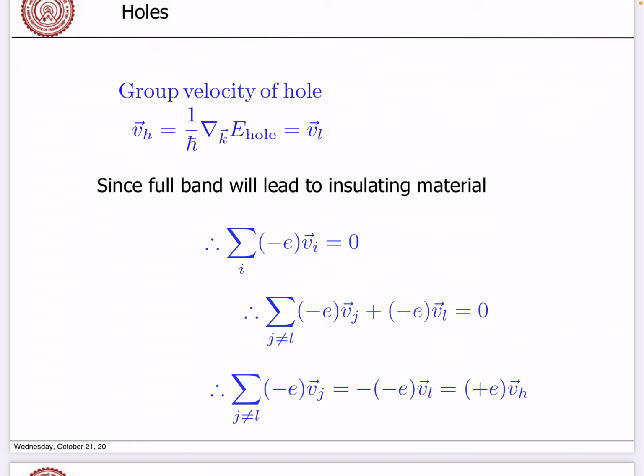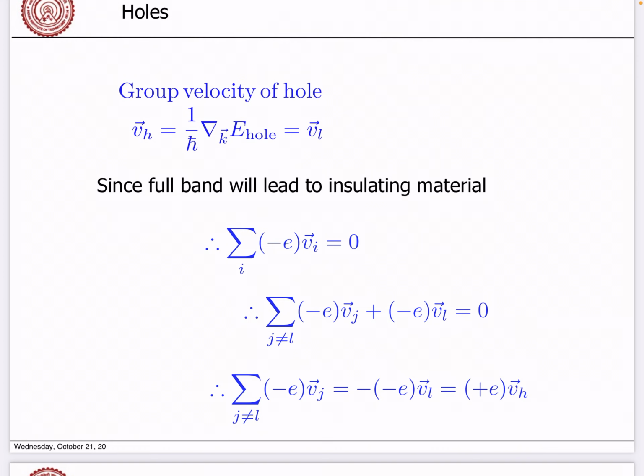So therefore the electrons don't conduct. So this is an insulating material for a full band. I have discussed that already. Okay, so that means the current, that is minus e times v_i, the velocity of the ith electron, summed over all the electrons will be equal to 0, right? Because this is insulating. We are considering a full band, remember.